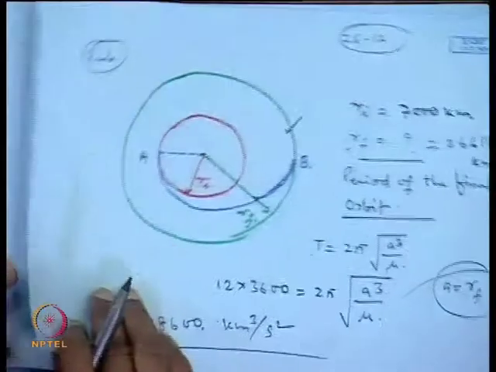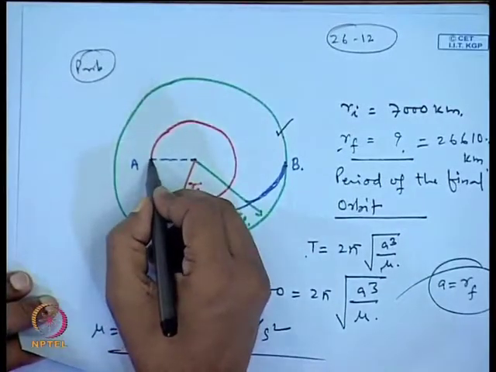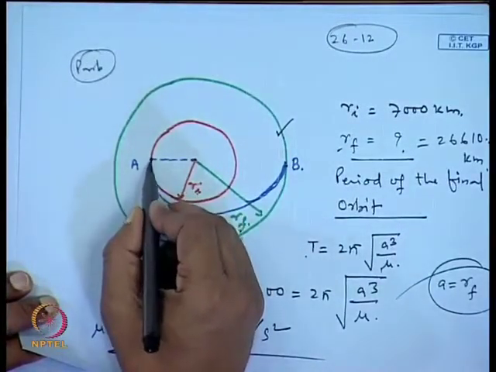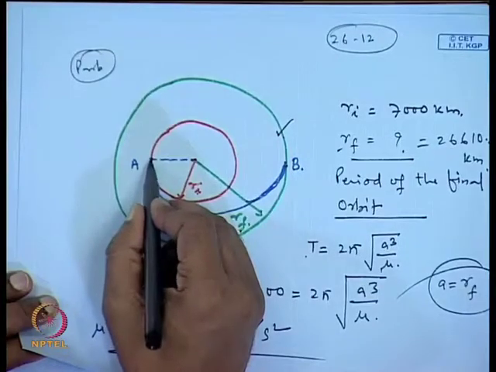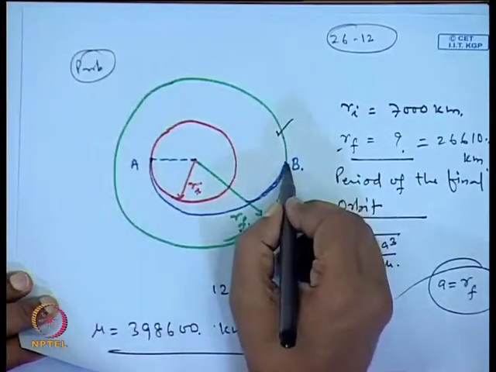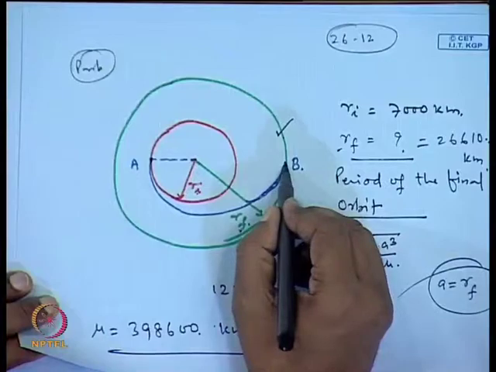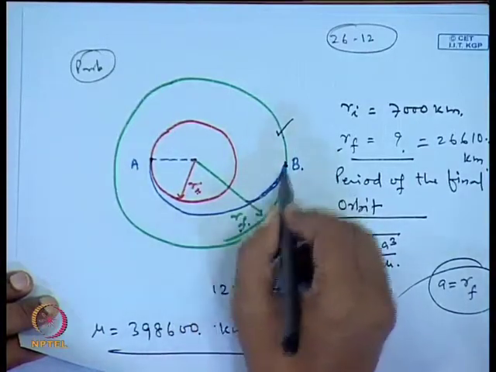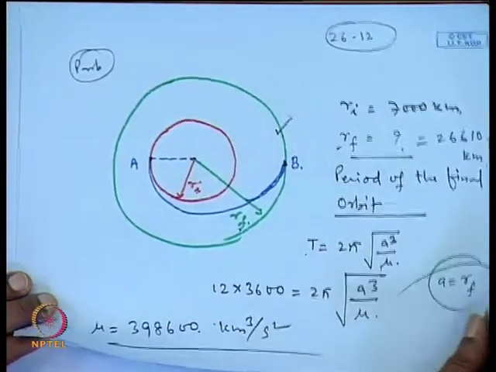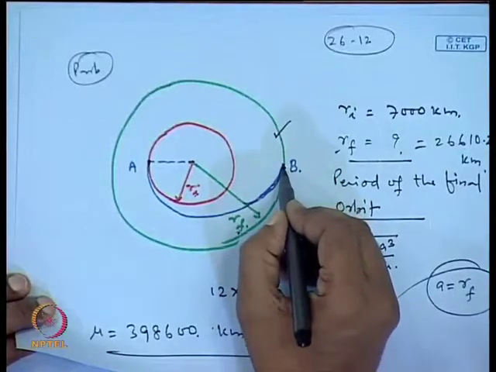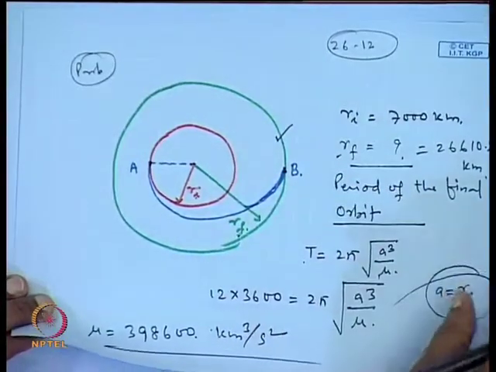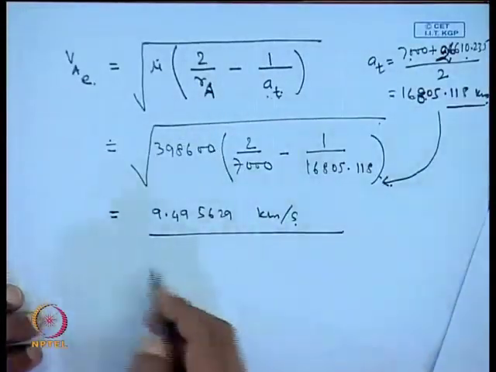Okay. Once you have this, you can calculate how much impulse is required, that is, how much velocity change is required. Now, the satellite will go into this position. So, in this elliptic orbit you need to calculate the velocity of the satellite, and we are doing it from first principles instead of using the equations.